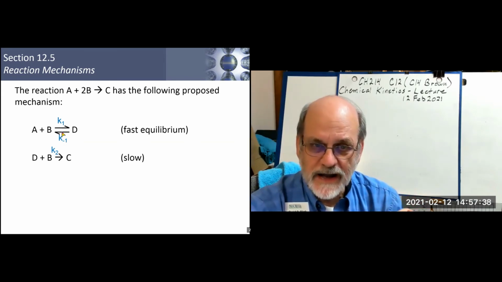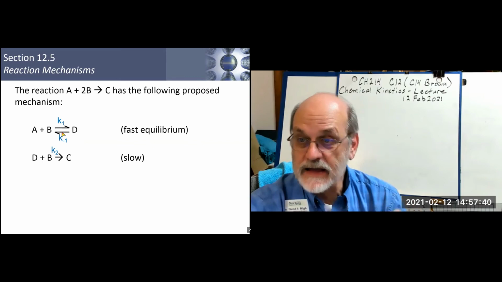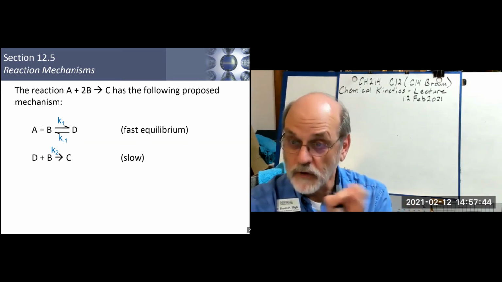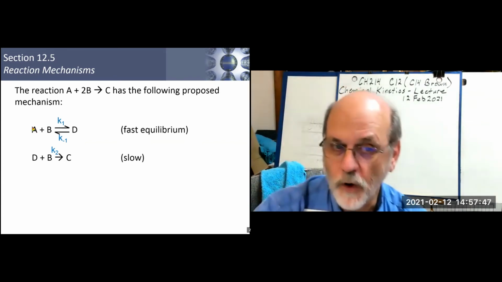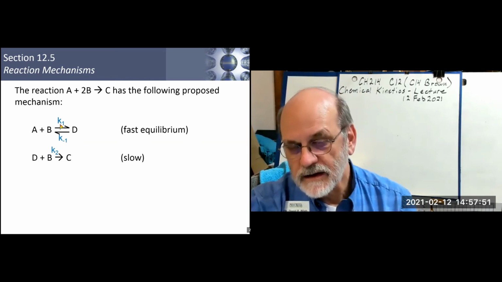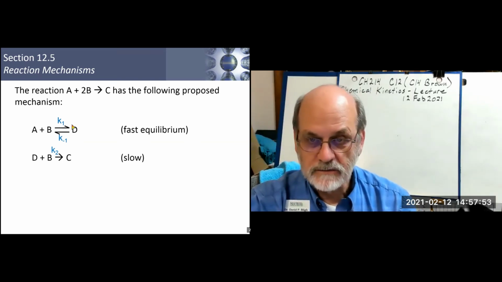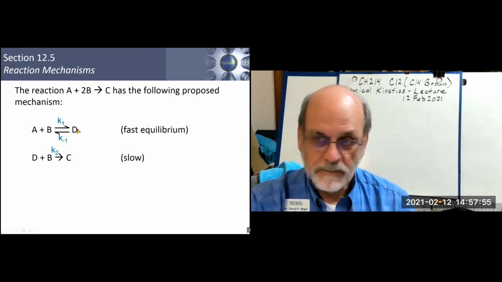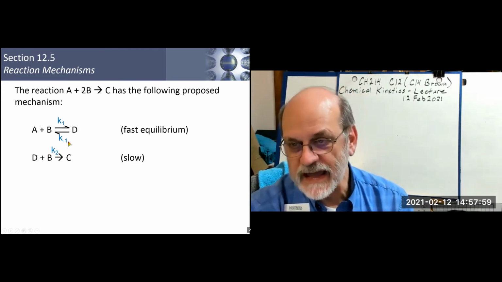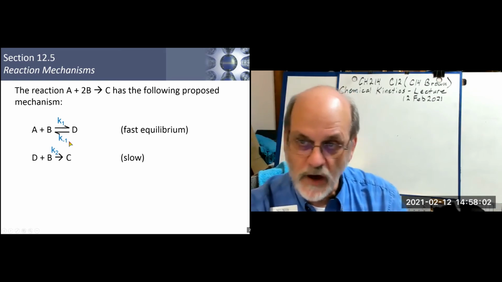Each one of these rates is governed by its own individual constant and rate law. So the forward reaction in terms of A and B is governed by this K value to produce D. But the reverse reaction is governed by this other K value, which we say K minus 1, which means it just goes in the opposite direction.